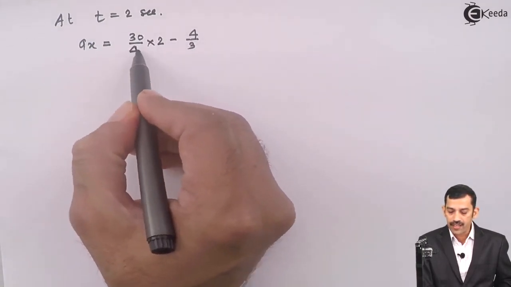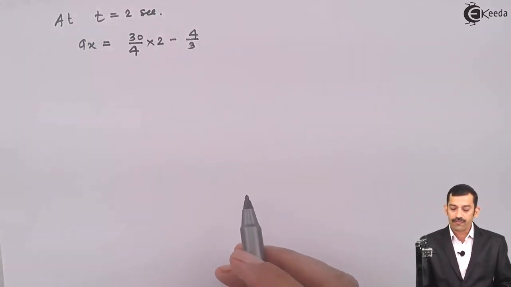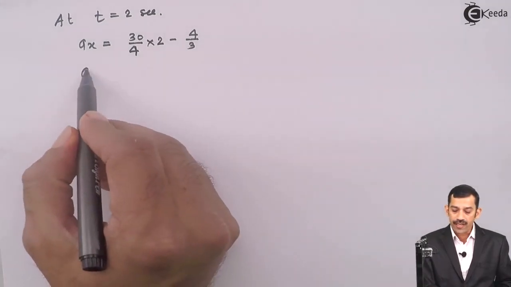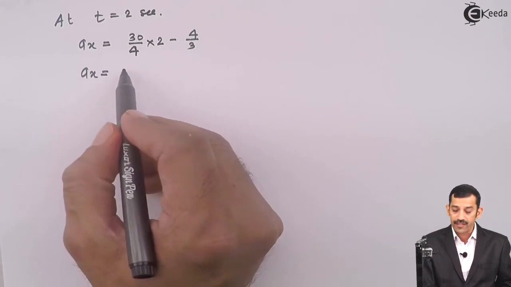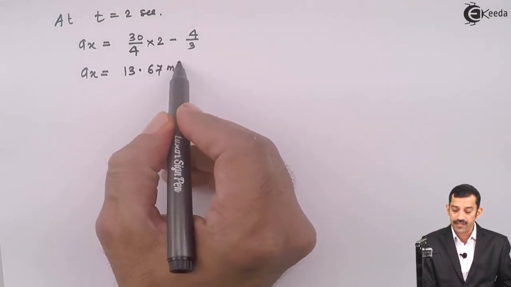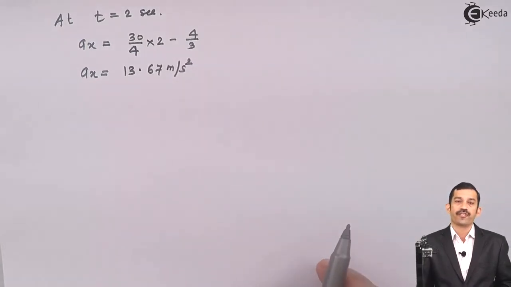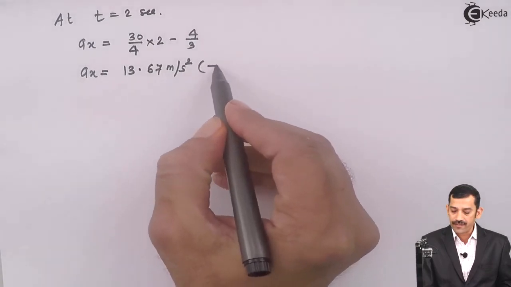Using a calculator, the component of acceleration comes out to be 13.67 meters per second square. The answer is positive, that means Ax is directed towards the right.